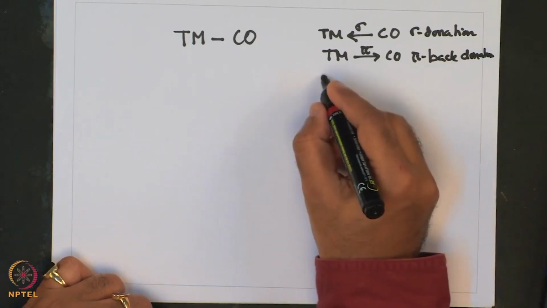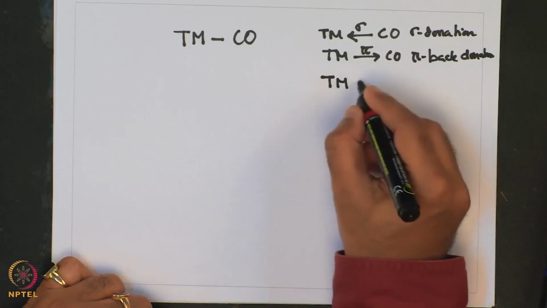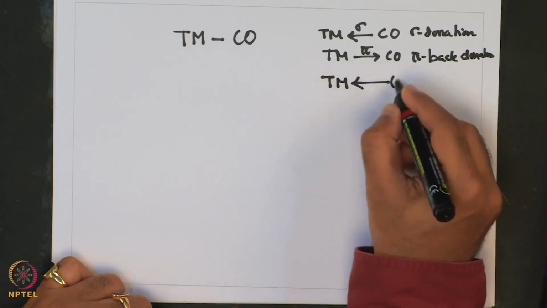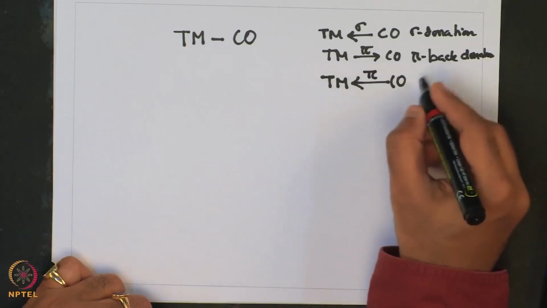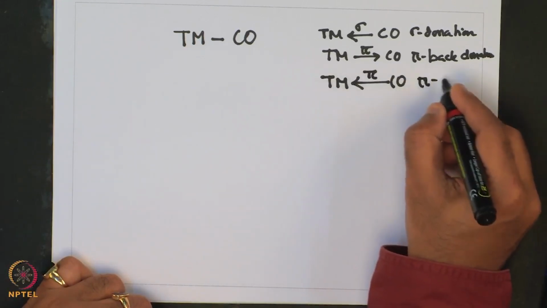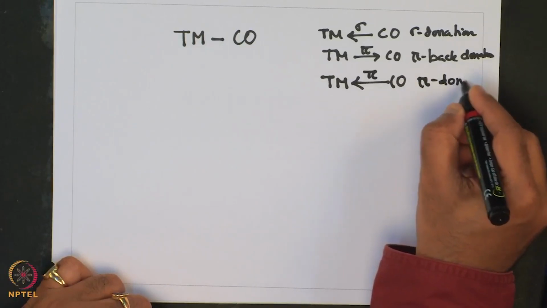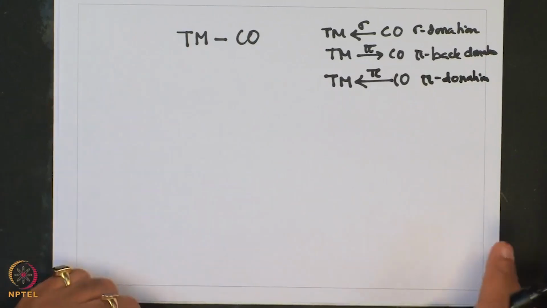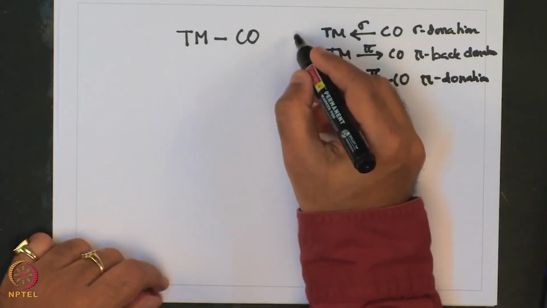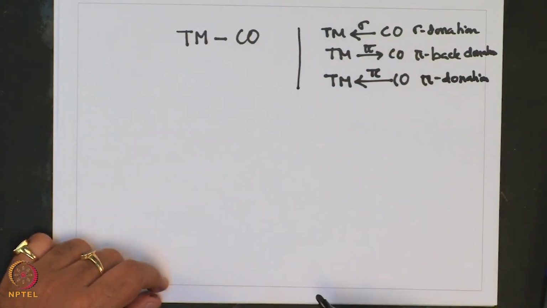We had also discussed a particular mode which is not that often observed, which is CO to transition metal pi donation, which is often neglected, but is observed in sigma bridging kinds of binding modes of transition metal carbonyl compounds.